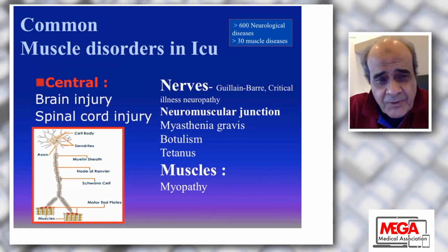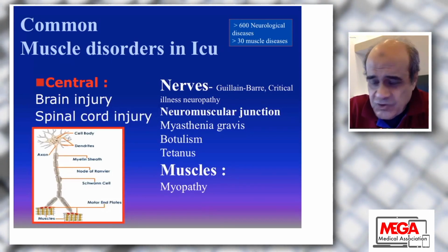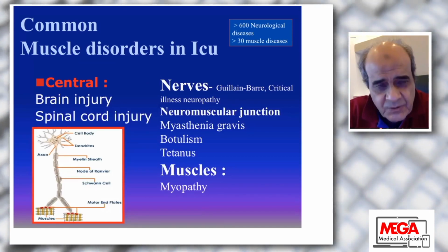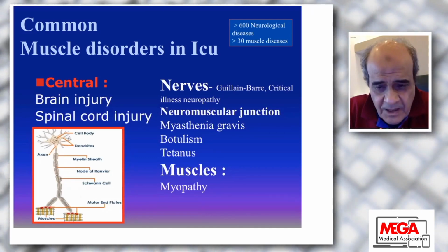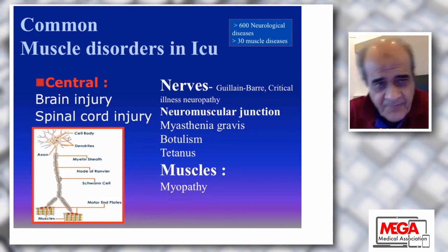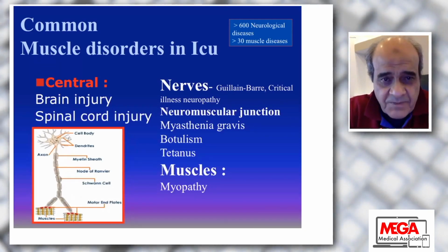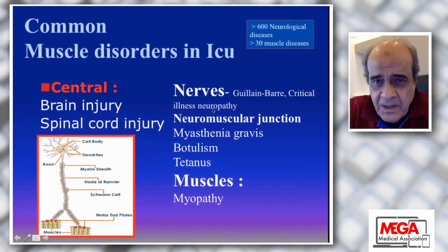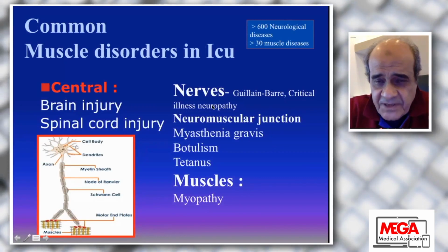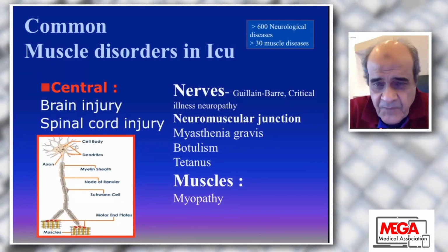Today, I am going to just highlight the most common underlying disorders which we face in the ICU. Of course, if we start from the central nervous system, maybe brain injury or spinal cord injury, and going down to nerves, maybe some disease affecting the peripheral nerve, like Guillain-Barré syndrome, critical illness neuropathy.